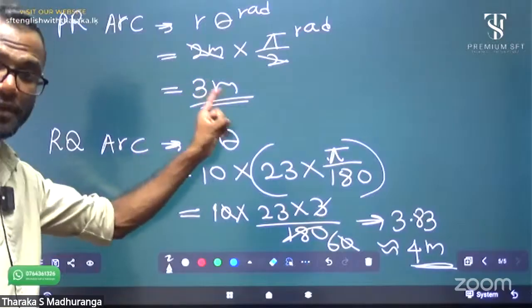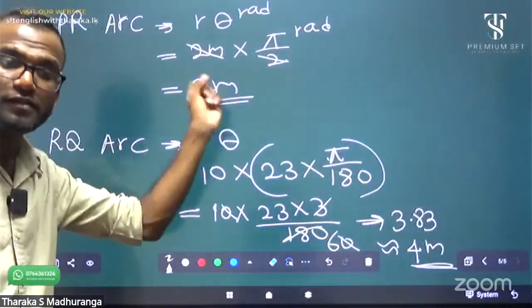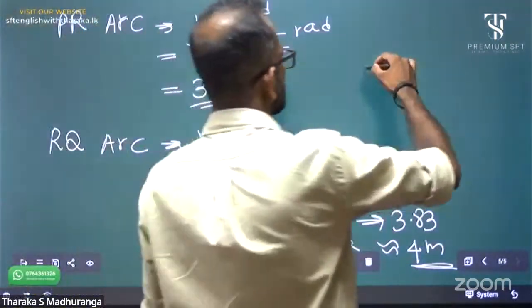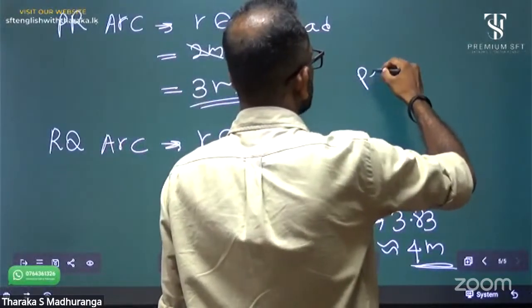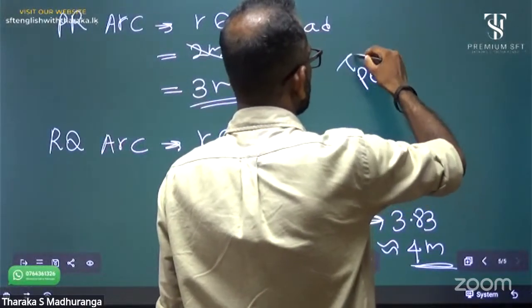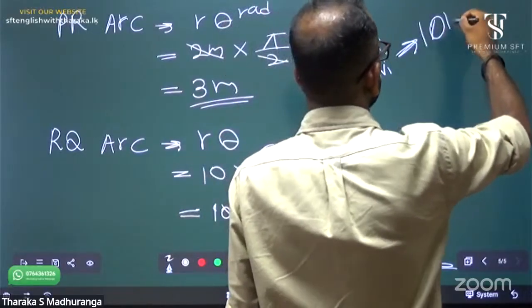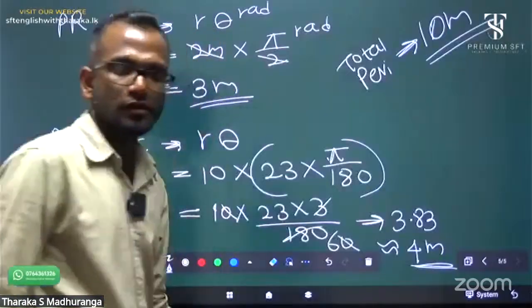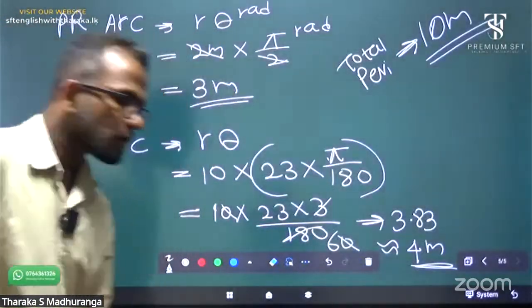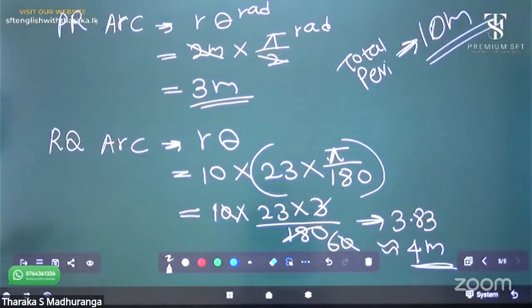Now the previous ones were 3 and 3, 3 plus 3 is 6, 6 plus 4 is 10. The total perimeter to the nearest whole number is 10 meters. Understood?